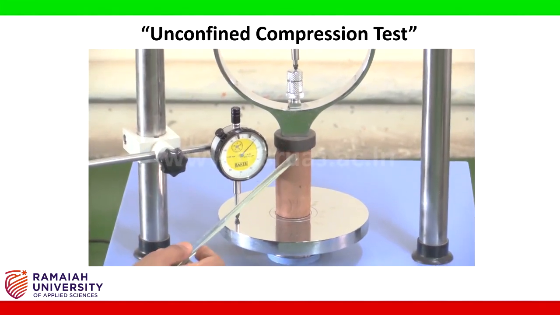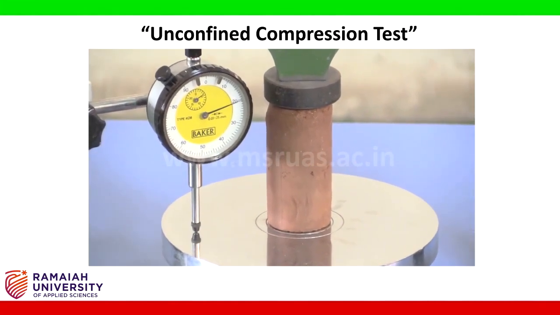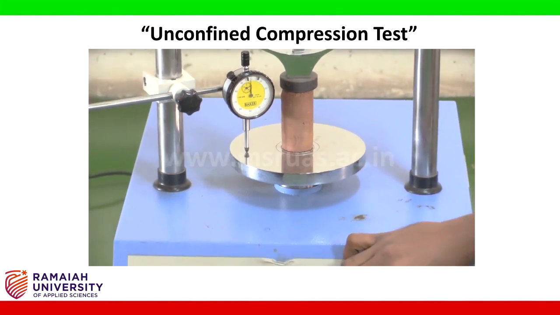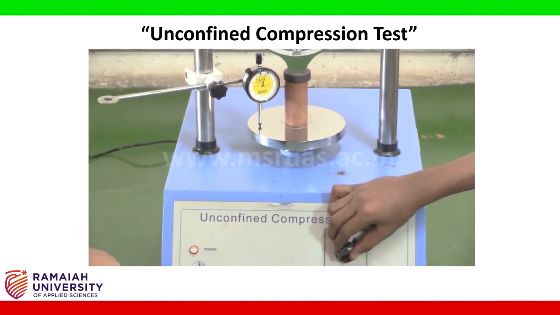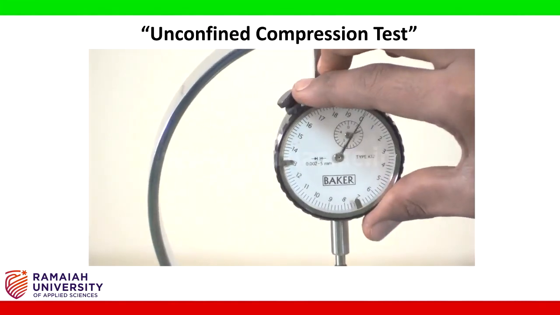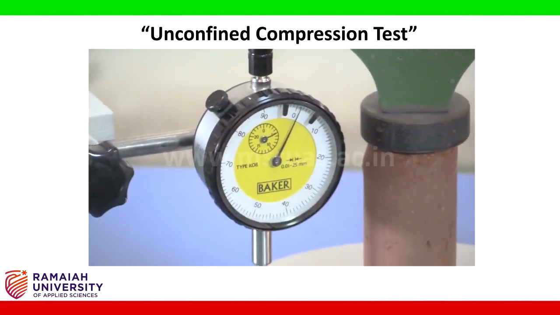Once the sample just touches here, we will set these dials to 0. Set the proving ring to 0 as well as the dial gauge to 0.